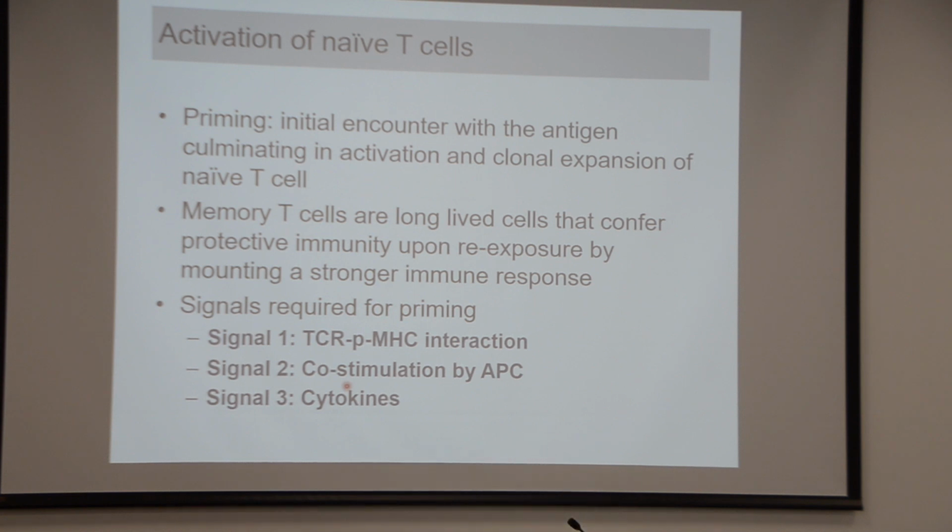You need CD80 and 86 on the antigen presenting cell, the dendritic cell, which will engage CD28 on the T cell to give it full activation. And the third signal we need is cytokines. The cytokines that will tell this naive CD4 T cell what kind of T helper to become, and the cytokines required to expand CD8 T cells.